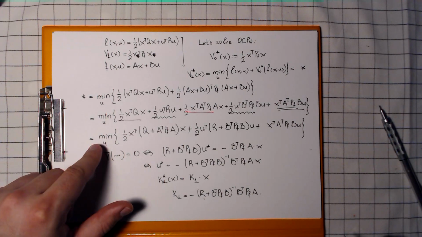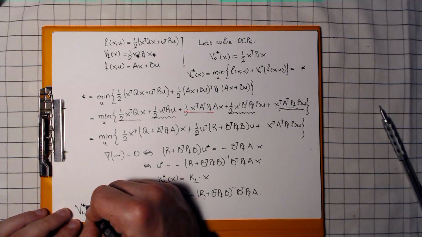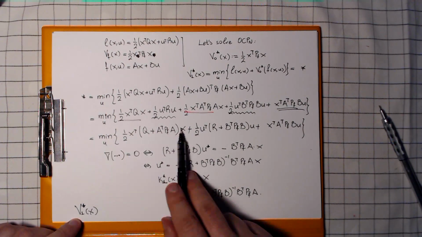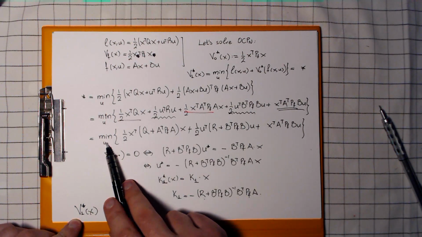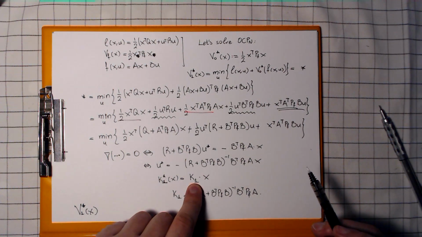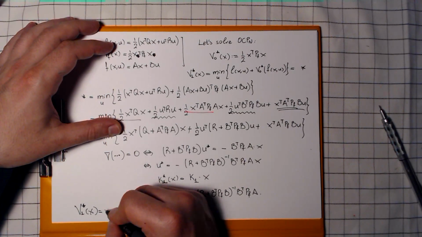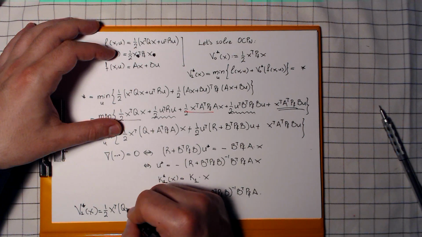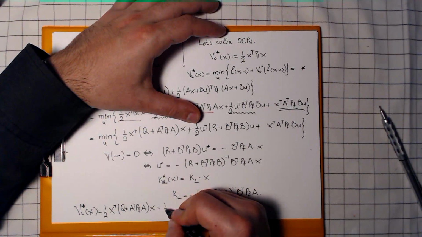And how can we find V1 star of x? V1 star of x is the minimum with respect to u of this whole thing. But we know what minimizes that quantity. It is K1 times x. So if we copy that, once again, here we have 1/2. Let me copy that first term, and then plus 1/2.